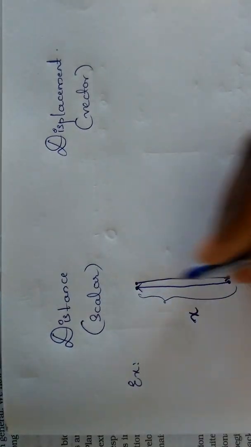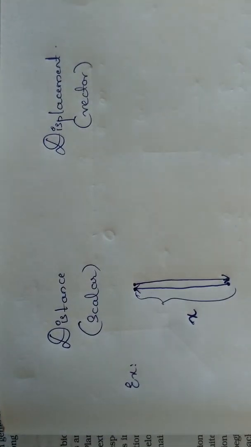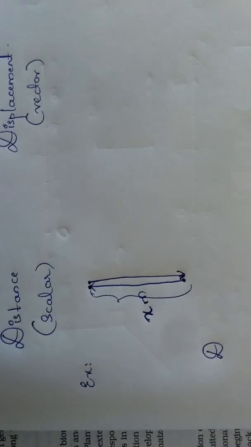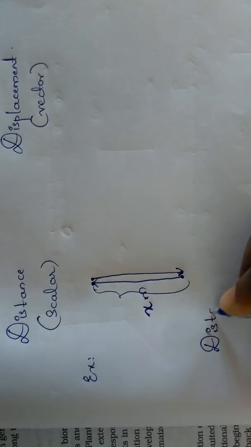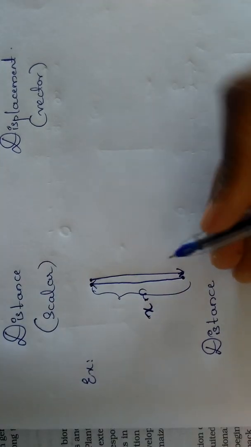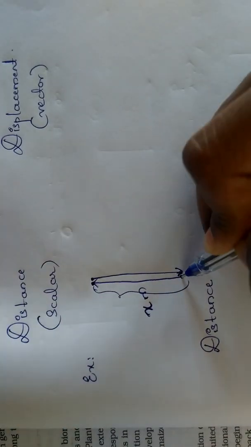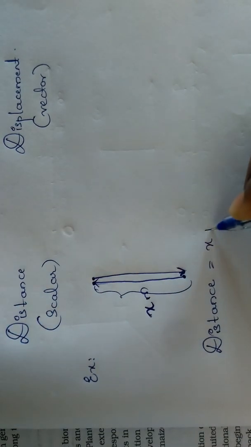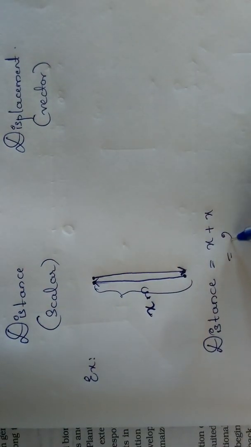So from here to here the value is x meters. The distance of the object will simply be the addition of both values, so it will be x plus x, which is 2x.